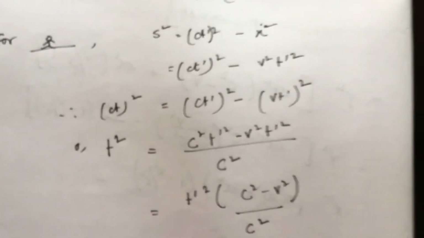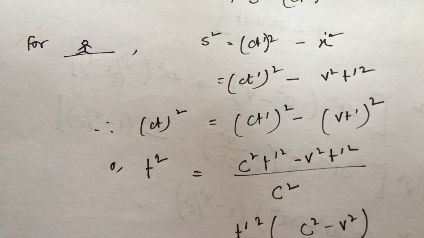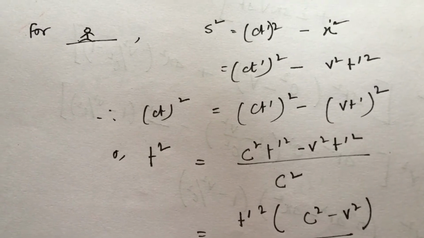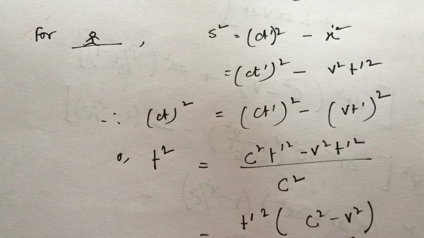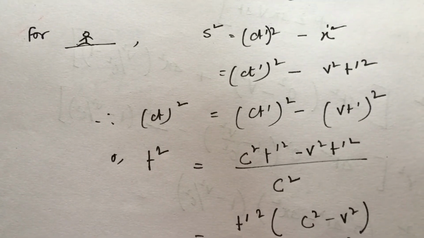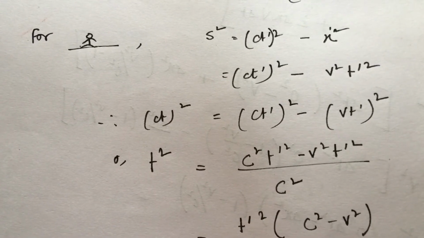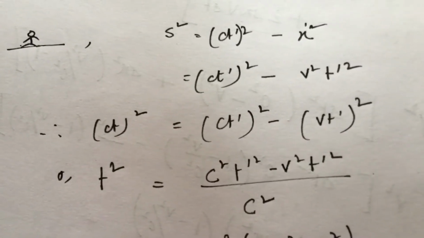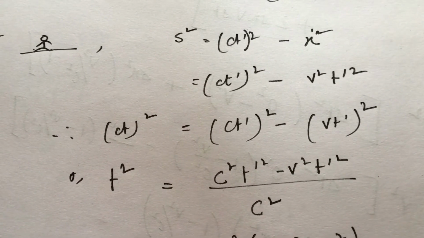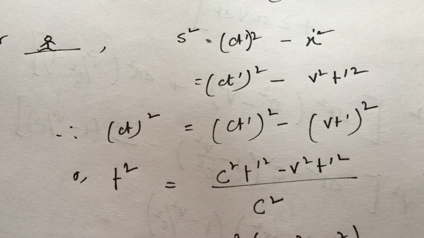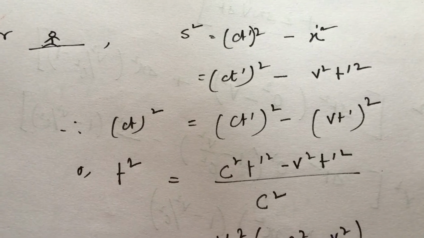Now, what will be the value of s square with respect to that person? He or she will measure different values of x, that is distance, and different values of time. Suppose, according to that person, the distance traveled by me is x prime and the time interval calculated is t prime.